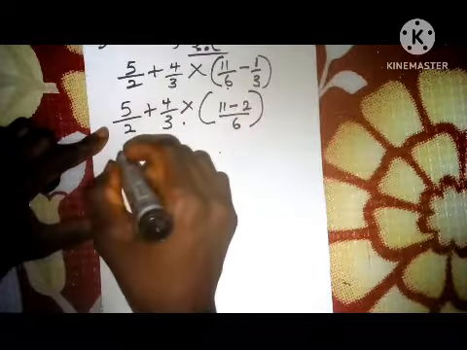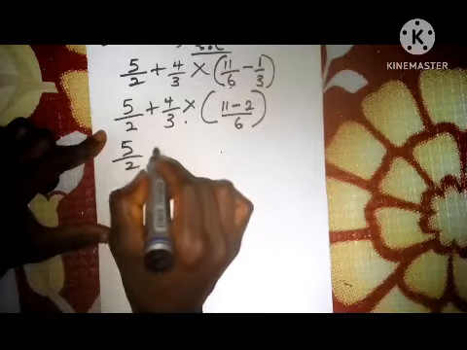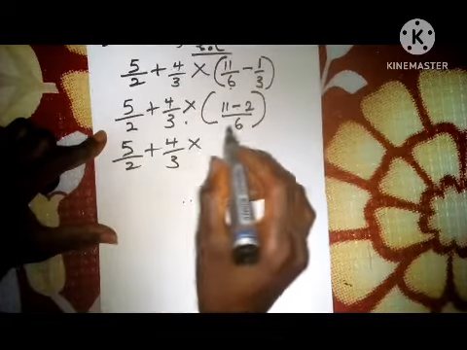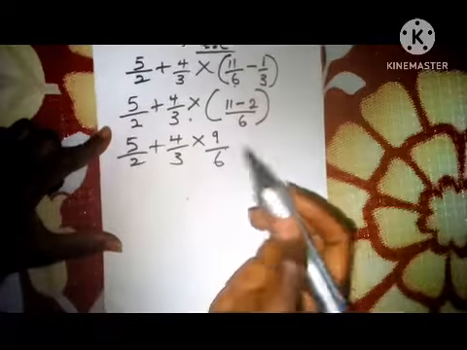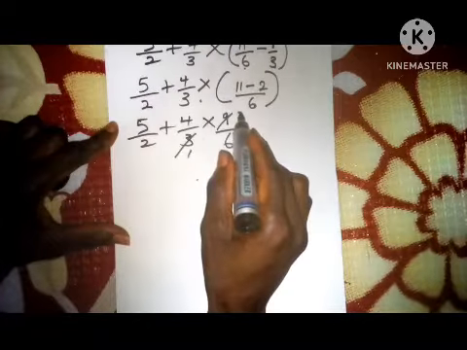You close the bracket. Then you have 5 over 2 plus 4 over 3 times, when you minus the bracket, what will you get? You get 9 over what? 6. At this stage now you can cancel out. You see 3 here, 1, 3 here, 3.